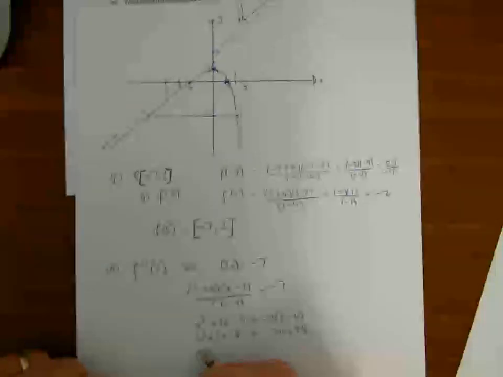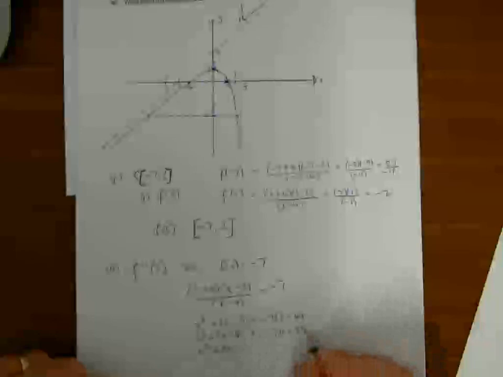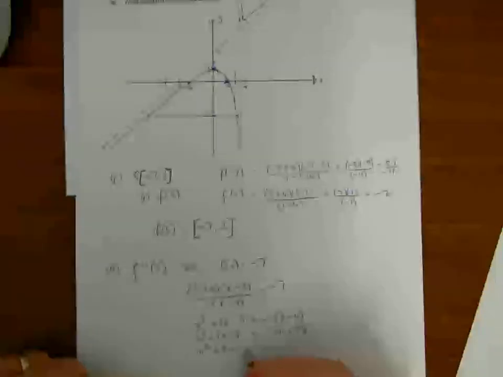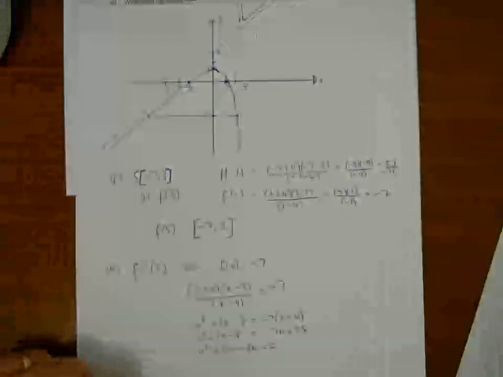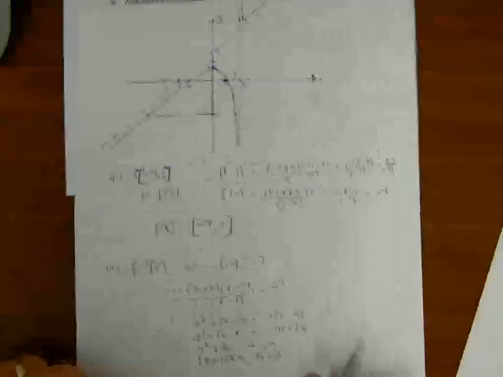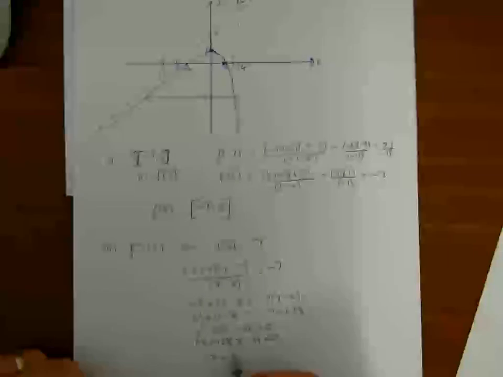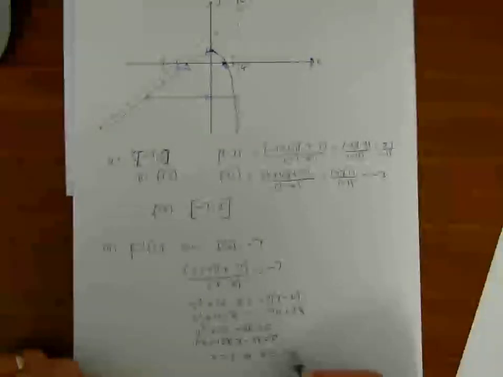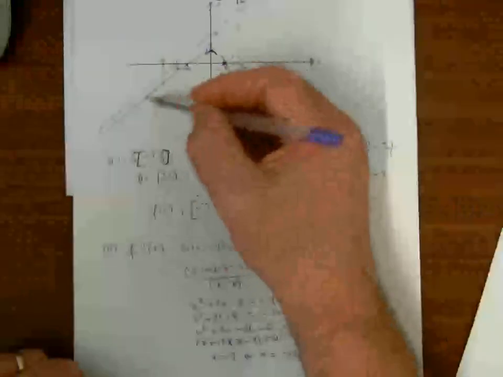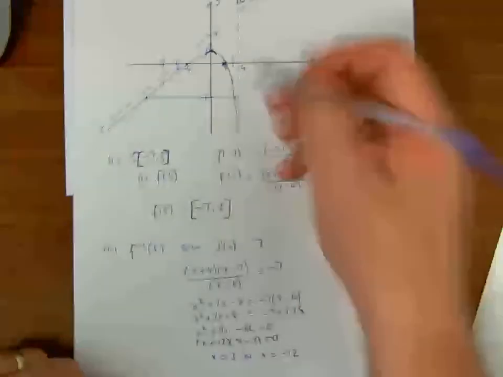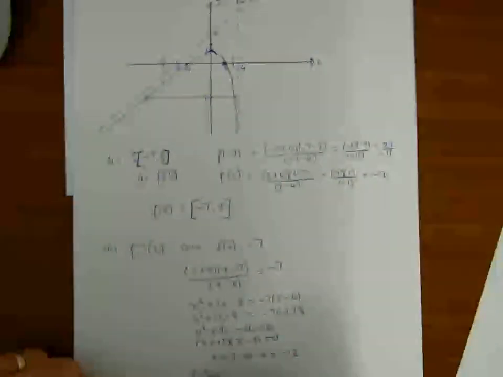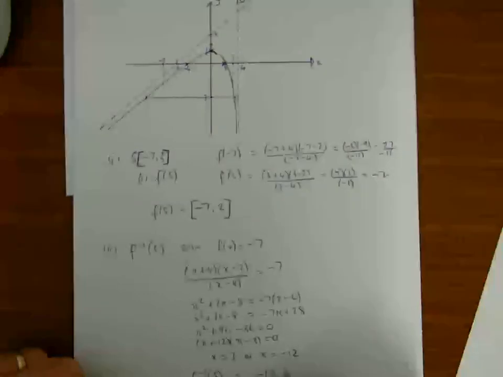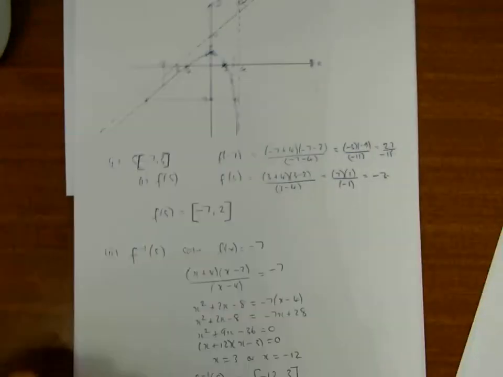Take it all over: x squared plus 9x minus 36 equals 0. So that's x plus 12, x minus 3. So x equals 3 or x equals minus 12. So the domain is running from minus 12 to 3. So f to the minus 1 of S is minus 12 to 3, and they are square brackets.